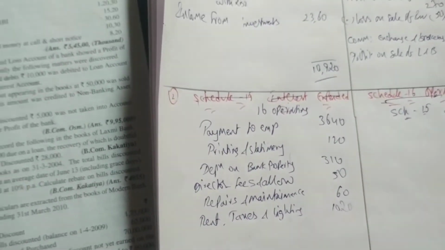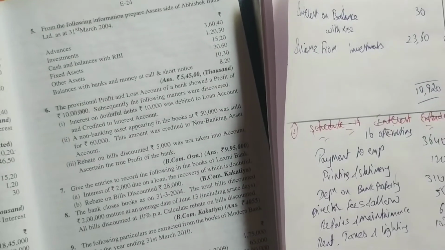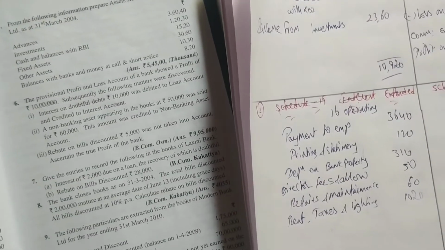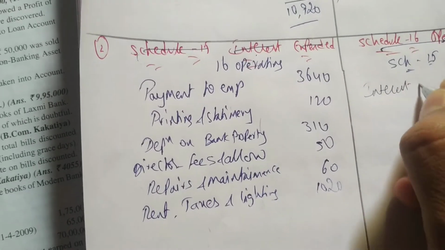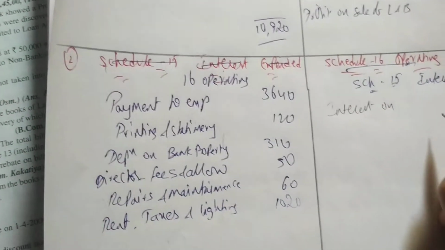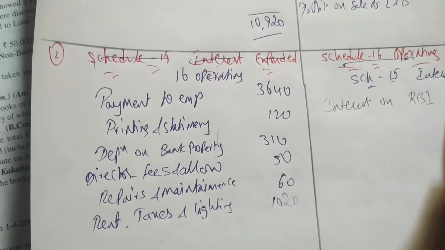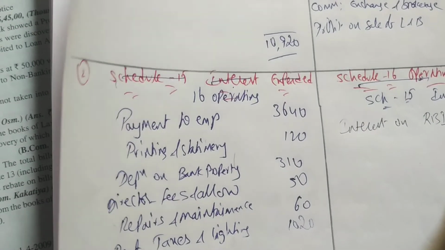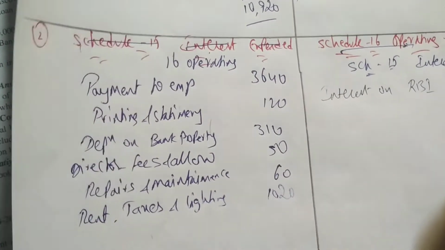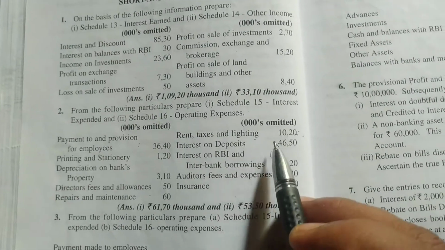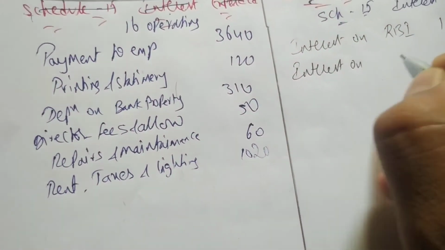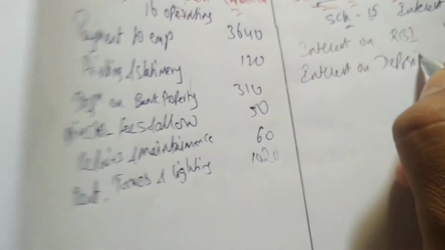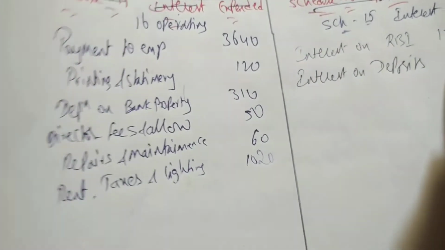Okay, after that we are having interest on RBI borrowings. Interest on RBI, how much is that? 1520. And before that one more item, we are having interest on deposits, we are having 4650.